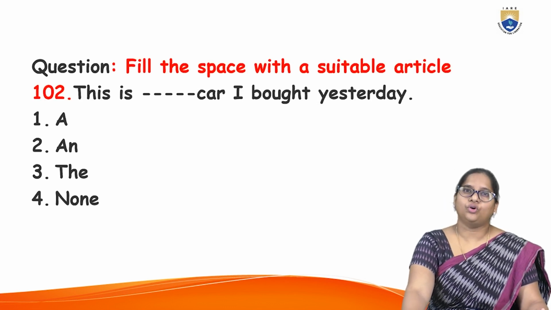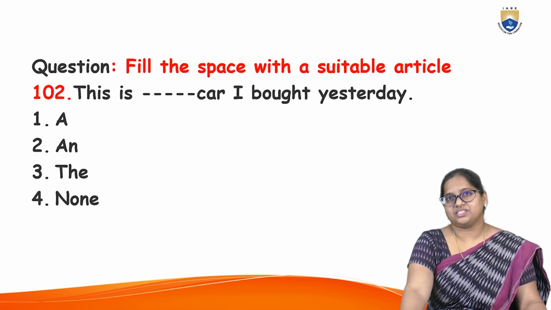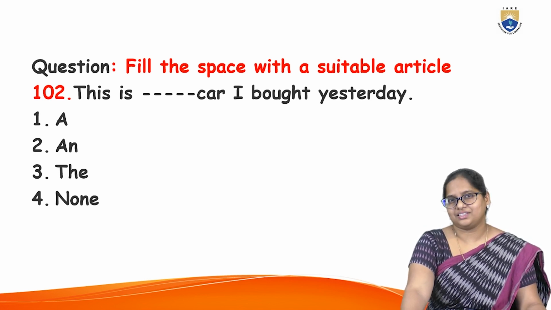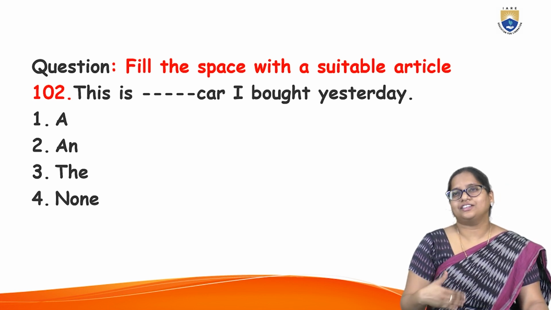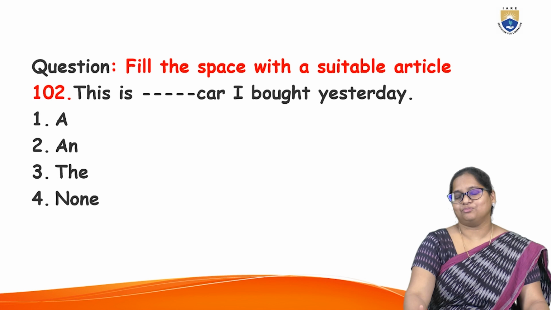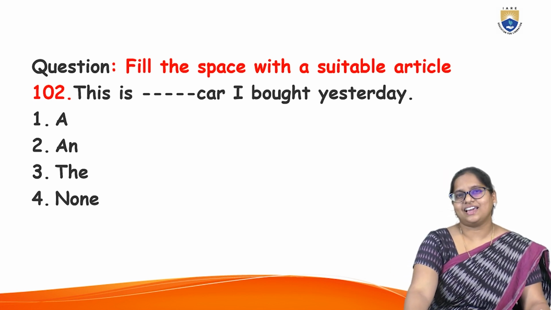Now, question number 102. This is car I bought yesterday. Fill the space with a suitable article. So far we discussed synonyms, antonyms, and also a question on prepositions earlier, and now a question on the article.